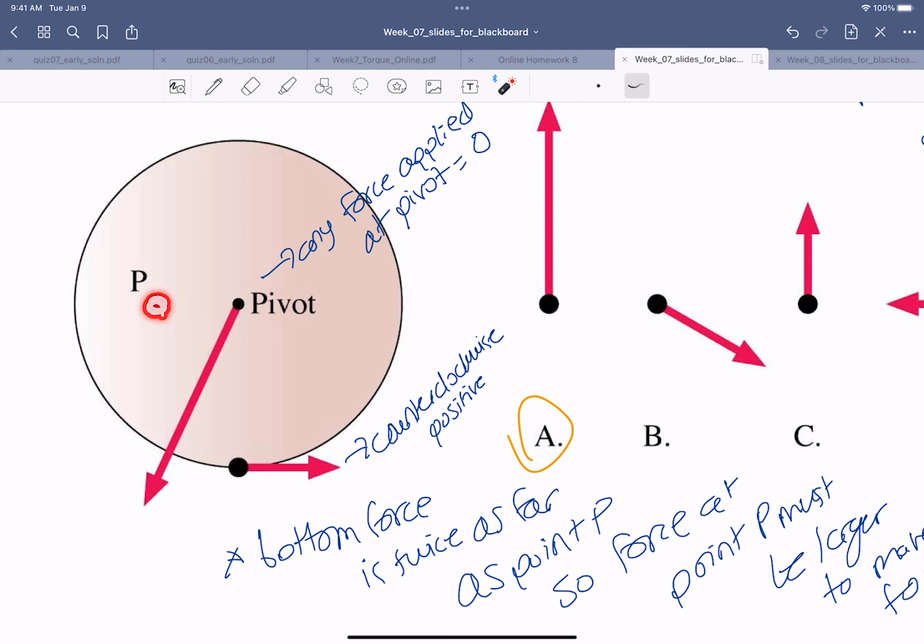Now, if we want to apply a force here that would cancel this one out in the clockwise direction, then we have to exert a larger force to make up for that smaller radius. If the smaller radius is 2 meters, and we want that same 40 Newton meter torque but negative, then we need to apply a 20 Newton force.